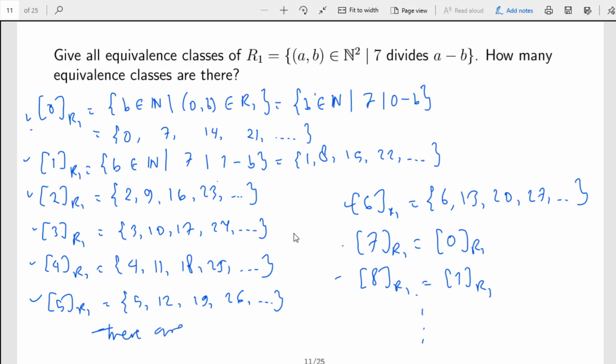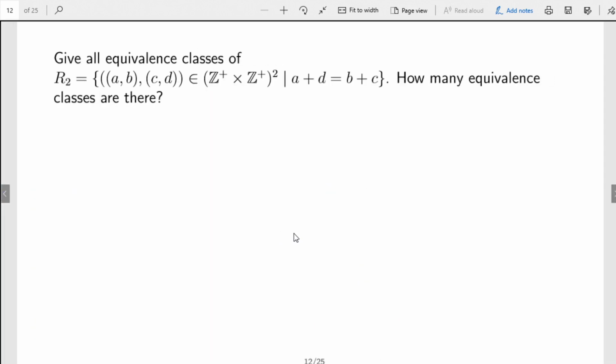So there are 7 different equivalence classes with respect to R1. So that's R1. Now, how about R2? We saw that R2 is an equivalence relation.